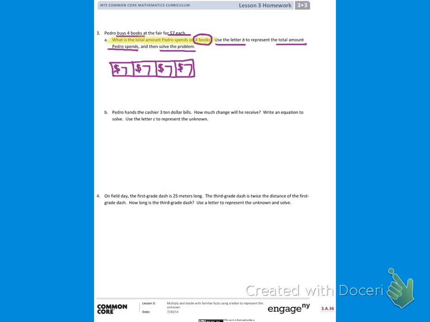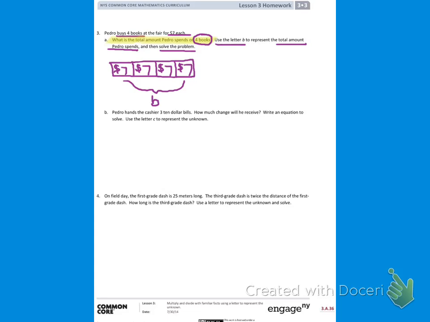Now, I need to use the letter B to represent the total amount that Pedro spends. So I'll draw a little bracket right here, and I'll put a B here. That B will represent the unknown number, the total amount that Pedro spends on books.